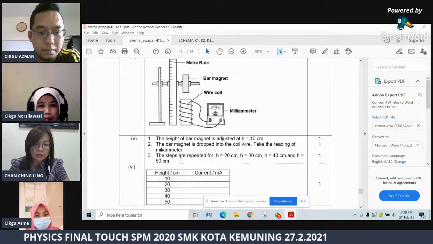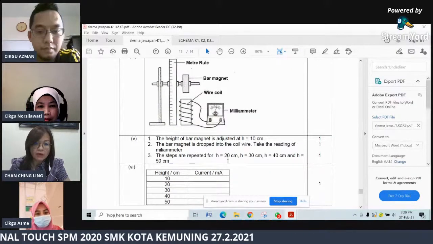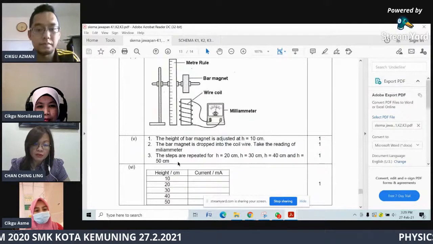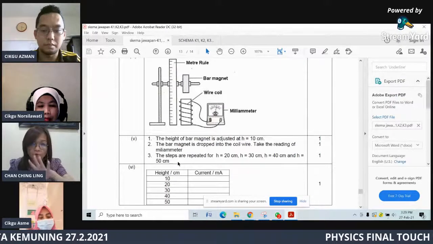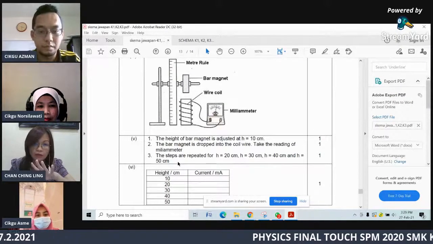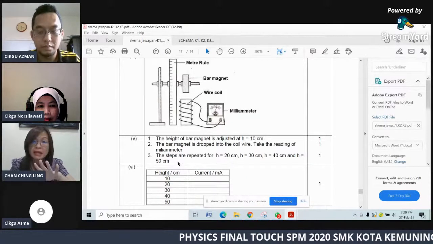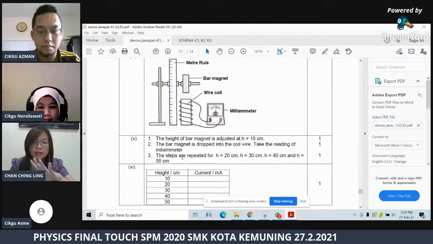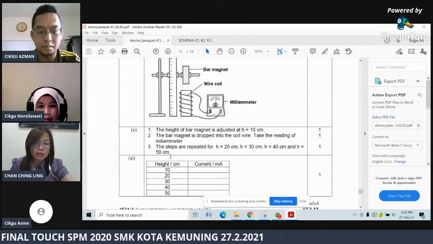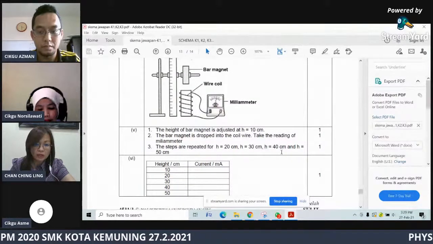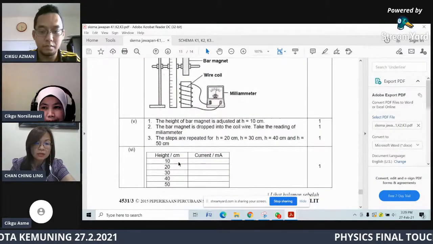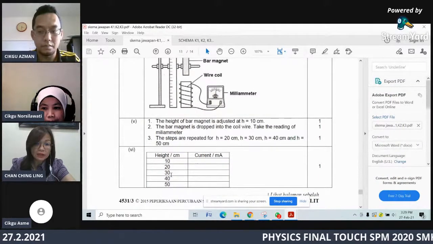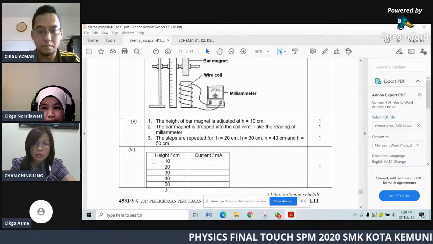Then we go to the third step is the repeat the experiment. For here you have to put minimum 4. Okay, minimum 4. Why is it 4? Because 4 plus 1 is 5. All right, to plot a graph, we need minimum 5 coordinates. You can put more than 4. Okay, if you put more than 4, let's say until 20, 30, 40, 50, and 60, here you will have 6 readings.